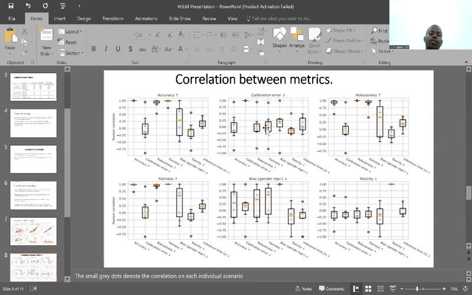And we can follow that to see how all these other metrics are related with all the others via correlation. But with this brief summary diagram, we can see that accuracy, fairness, and robustness have a very high positive correlation in all the different 16 core scenarios.